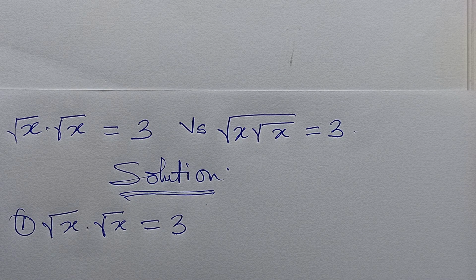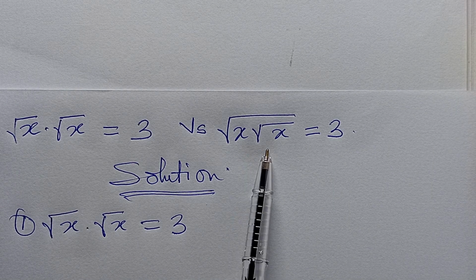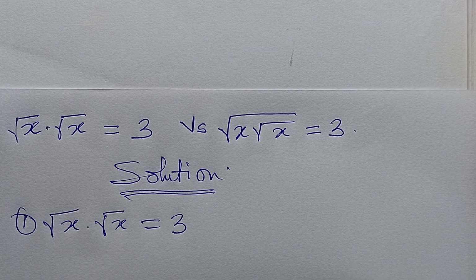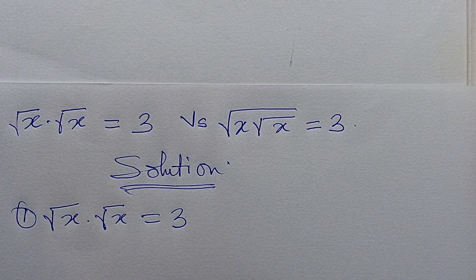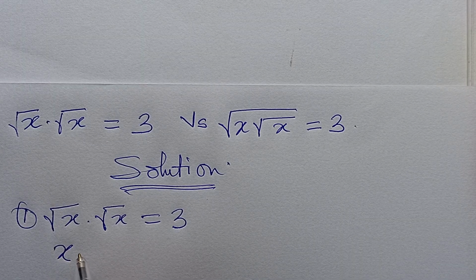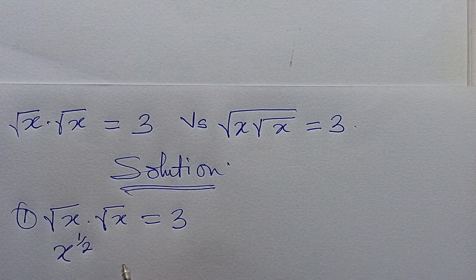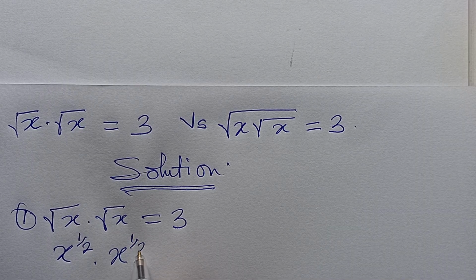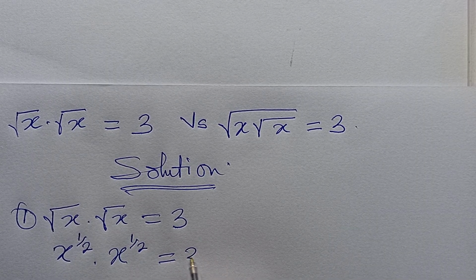For the sake of the second version of this question, we want to rewrite the radical. So rewriting this radical, we have x to the power of 1 over 2 times x to the power of 1 over 2, everything equal to 3.